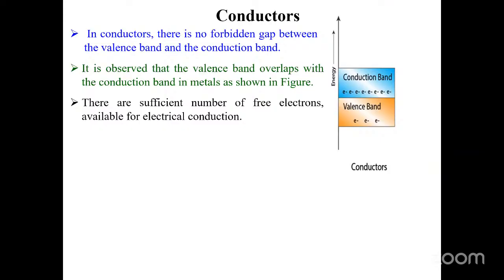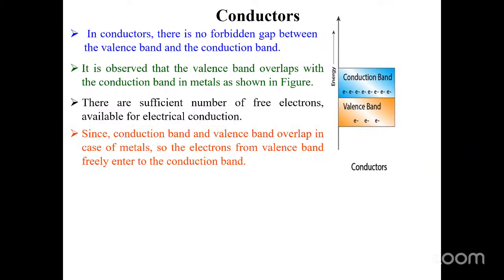There are sufficient free electrons available for electrical conduction. Since the conduction band and valence band overlap in metals, the electrons from the valence band may freely enter the conduction band.